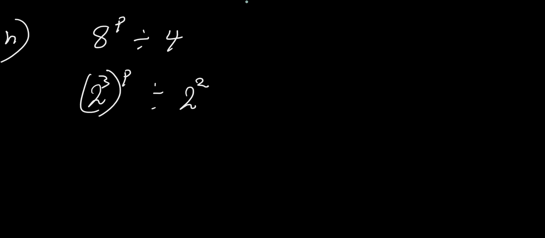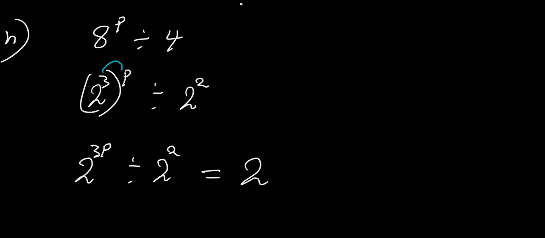So first we are going to use this 3 to multiply the p, and that's going to give us 2 exponent 3 times p, which is 3p, divided by 2 exponent 2. So at this point we have to keep just the base, which is 2, and subtract the exponent. So 3p minus 2. So this gives us the final answer to this question.